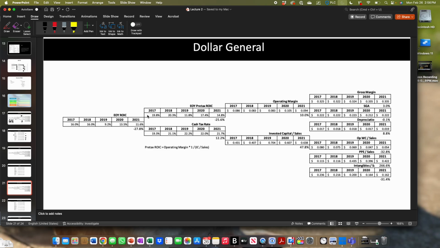All right, so where do we start with the ROIC? What's the first number we should start explaining? Yep. The tax rate. Okay, so what happened to the tax rate? It went up a little bit, from 19.3 to 21.7%.